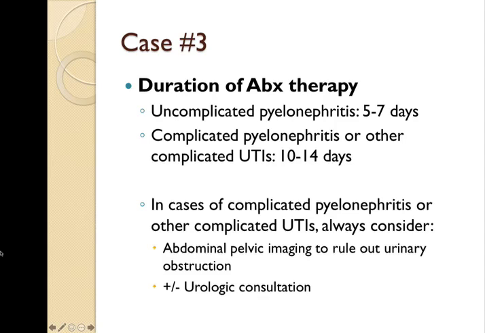And also, we discussed it before. Remember that in the cases of complicated pyelonephritis, always consider pelvic imaging to rule out obstruction leading to urinary tract infection, and consider urologic consultation if structural abnormalities are found.